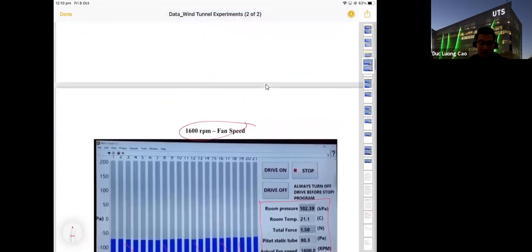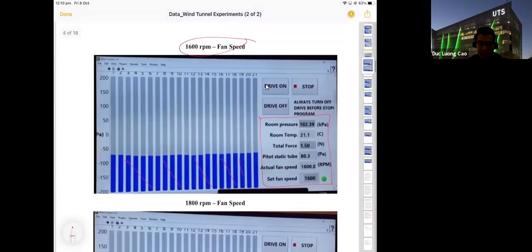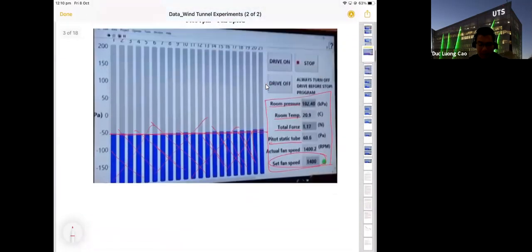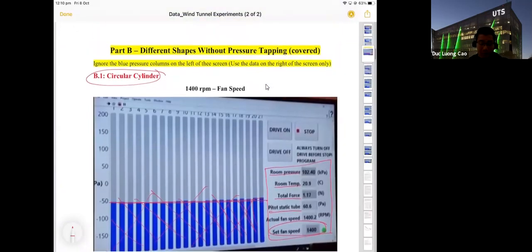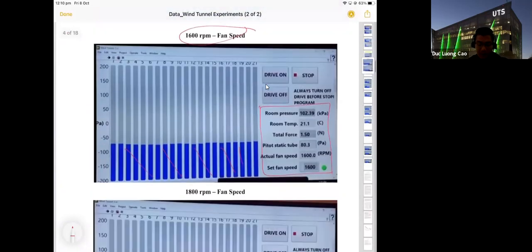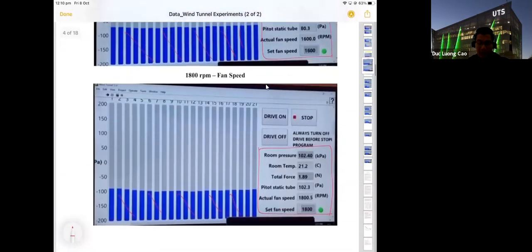For part B, with each object, we only give you the 3 pictures at 3 fan speeds. For example, for the circular cylinder at 14, 16, and 18. It means you have to use all of them, because you have to choose 3 data at 3 fan speeds, but we already chose for you: 14, 16, and 18.